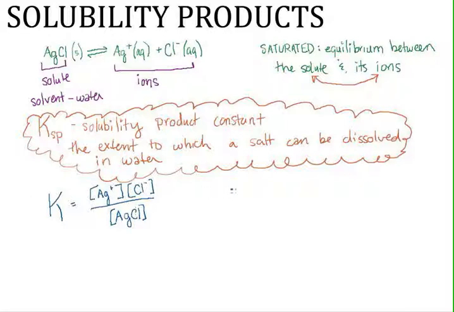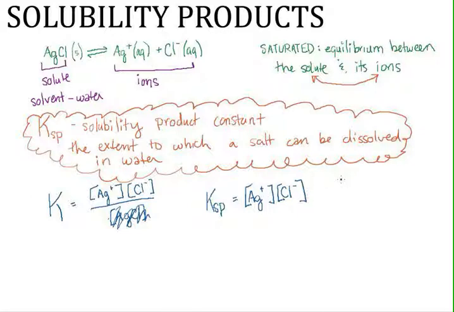So hence, instead of looking at just straight up K, we've developed KSP, which essentially just disregards this fellow down here and just looks at the things that are dissolved, which makes sense since, again, we're looking at specifically solubility. We don't care about the things that aren't soluble, right?